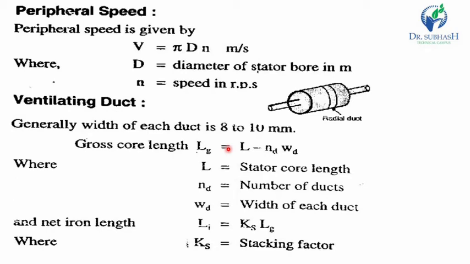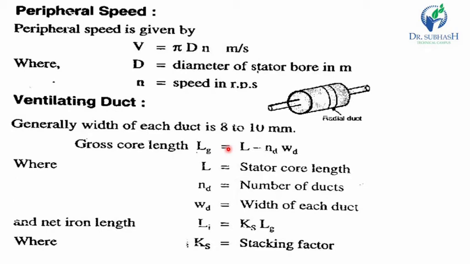Now the next one is the ventilating duct. A ventilating duct in any machine provides cooling for the machine. If the core length L exceeds 100 to 125 mm, then it is difficult to cool and some hot spots may be created.